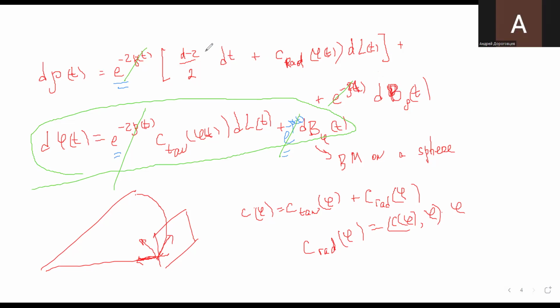But the equation for phi is not an equation for diffusion because the scale depends on rho. Yes, I say for a while, let me delete this term with rho. No, not with rho. L also depends on rho.